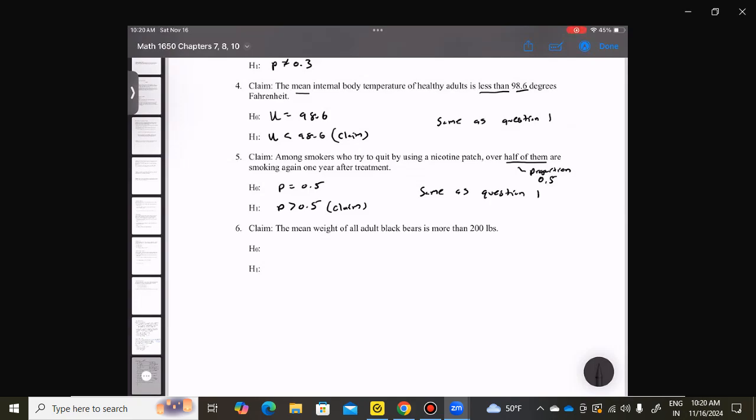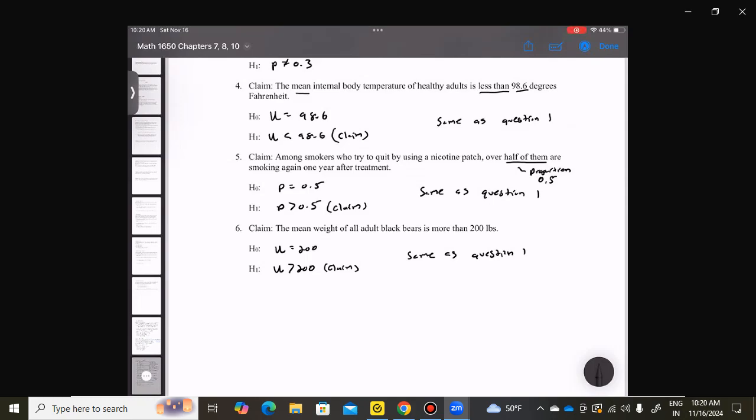And the last one, the mean weight of all black bears is more than 200 pounds. So mean is equal to 200 pounds. Alternate is that mean is greater than 200 pounds. And so that will be the claim. And then this also will be the same as question 1.